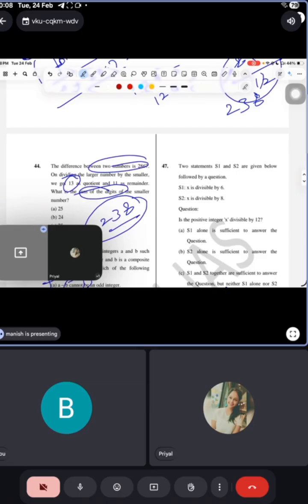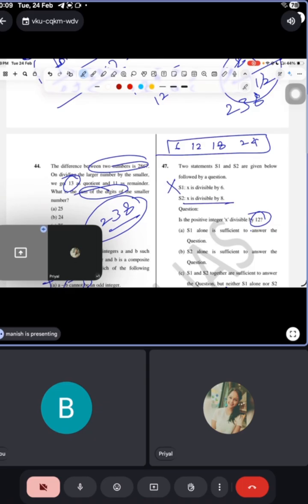X is divisible by 6: 6, 12, 18, 24, let's say. Now 12 is dividing all the numbers, but 12 is not dividing 18. It means statement 1 was not sufficient. Now let's see statement 2.